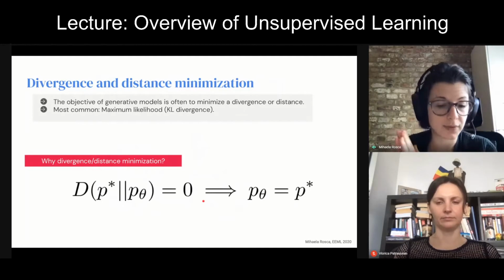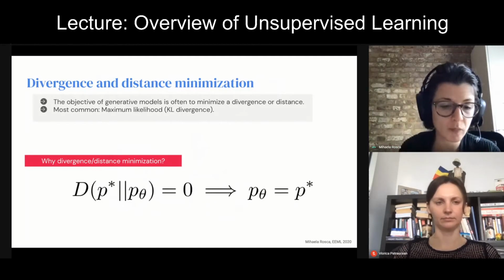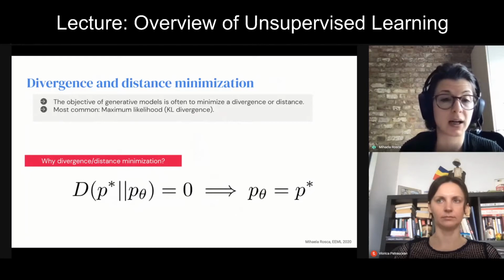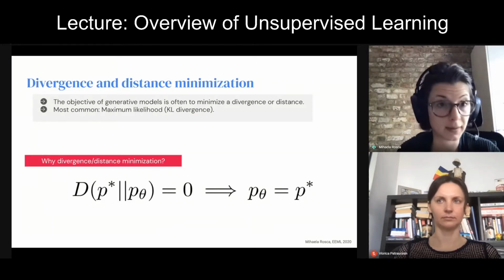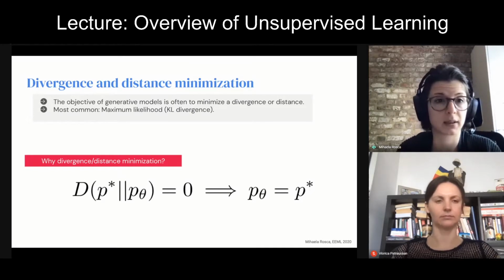So now that we've seen that we want to find the type of loss functions that tell us how far two distributions are, we can look in the mathematics literature and see if we can find some. And it turns out there are plenty. Specifically, these have to satisfy certain mathematical properties.